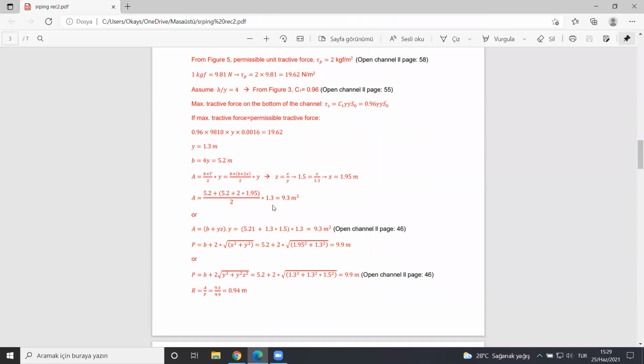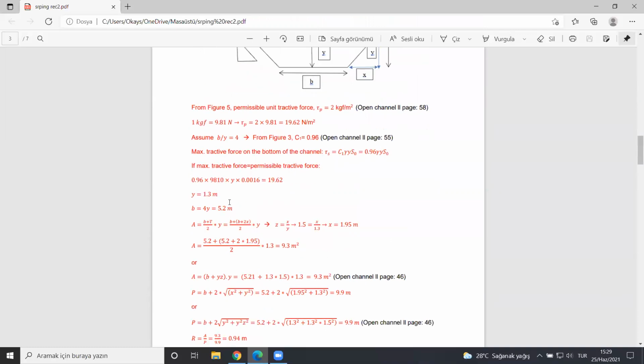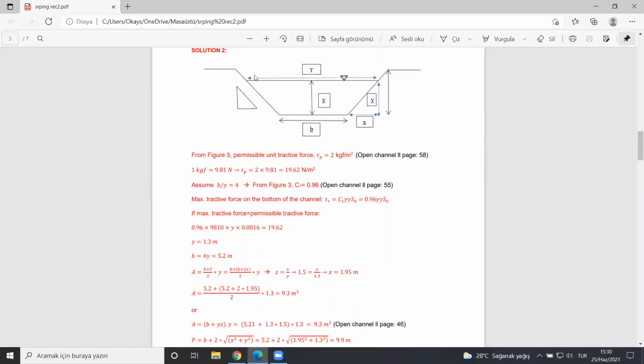There are two ways actually to calculate the cross-section area. The first way, you can use basic geometry to calculate the trapezoidal area. What is that? Bottom width plus the top width divided by 2, multiplied by the height, or you can say flow depth.